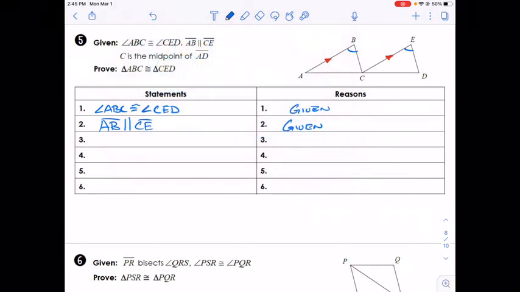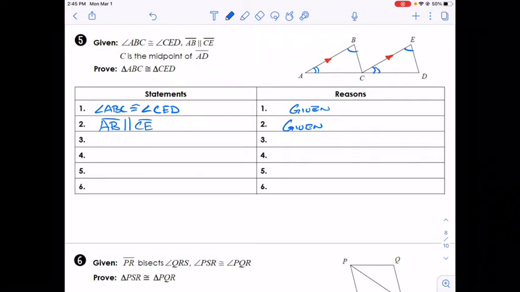So what do we know because they're parallel? Well, the main thing we're going to recognize is that because these are parallel, the line AD acts as a transversal. So therefore, this angle is congruent to this angle.